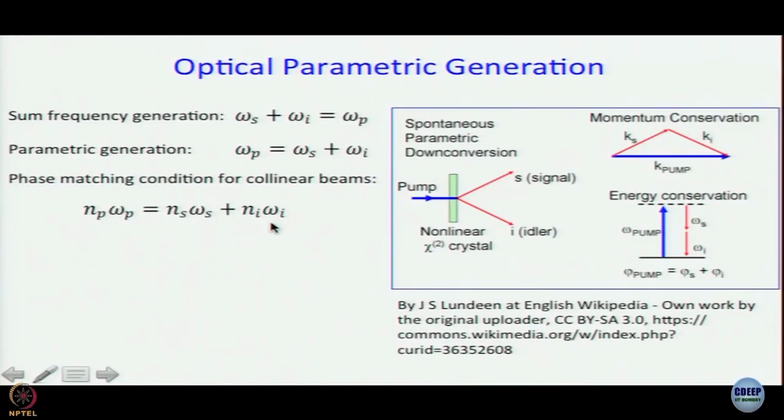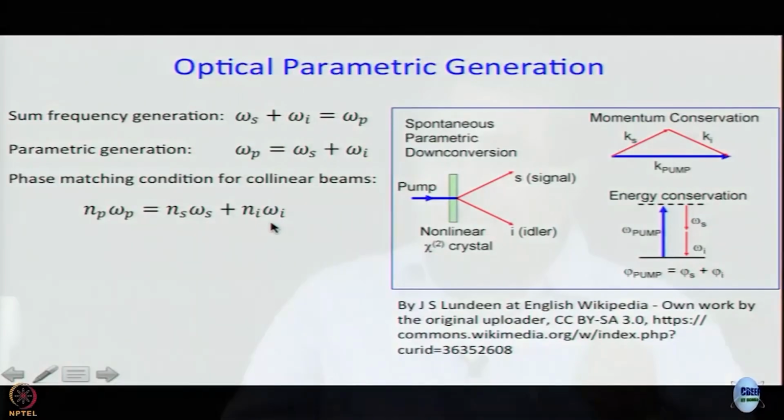The moment you bring this in, it is sort of bringing in quantization, right. Not all combinations of omega s and omega I are going to be now allowed, but still there will be many, okay. There can be many. Of course, we have already brought in some restriction here, remember we are talking about collinear geometry, that is what will restrict things a little bit.